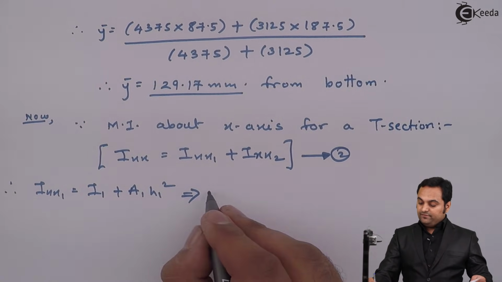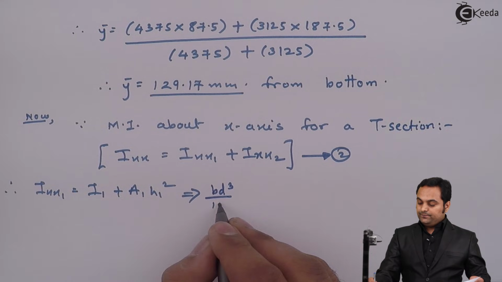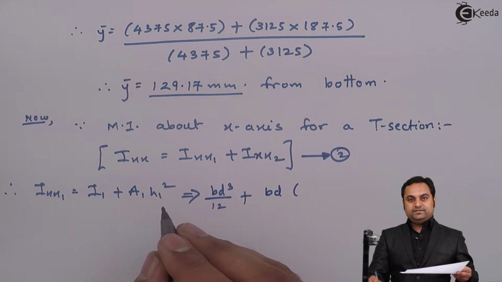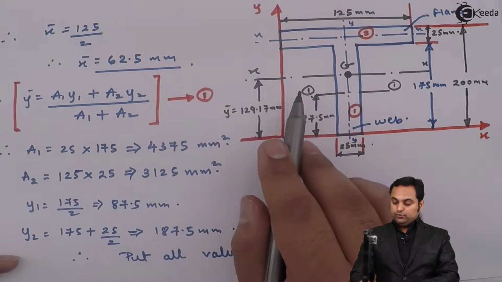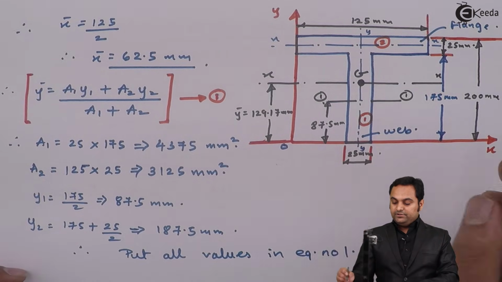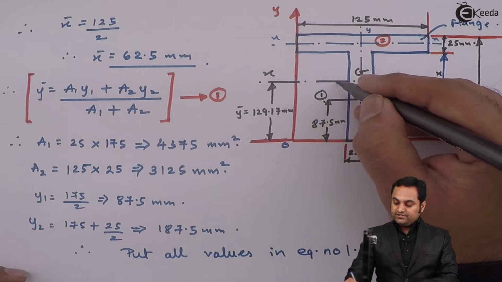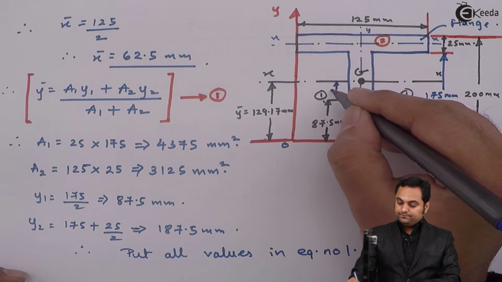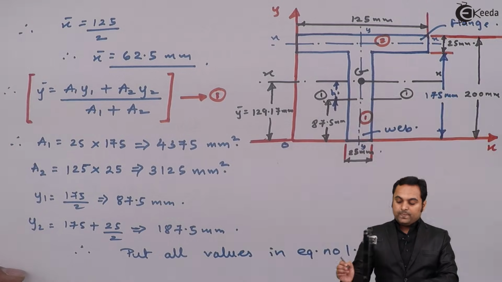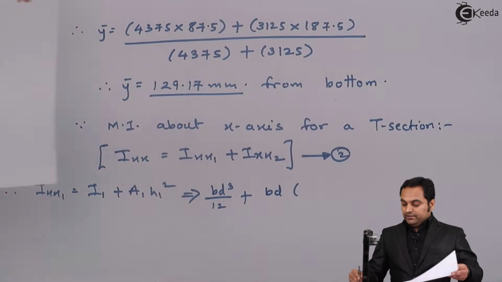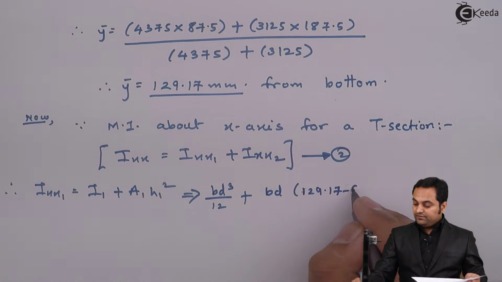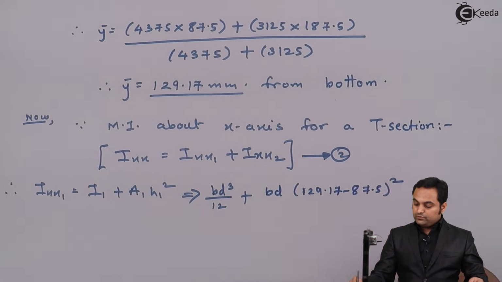So about this axis 1, since it is horizontal, I1 is equal to BD cube by 12, plus area 1, which is B into D, times h1 square. H1 is the distance between the two x-axes, that is the x-axis of section 1 and the x-axis for the complete section. This distance is nothing but h1, which will be 129.17 minus 87.5, whole square.